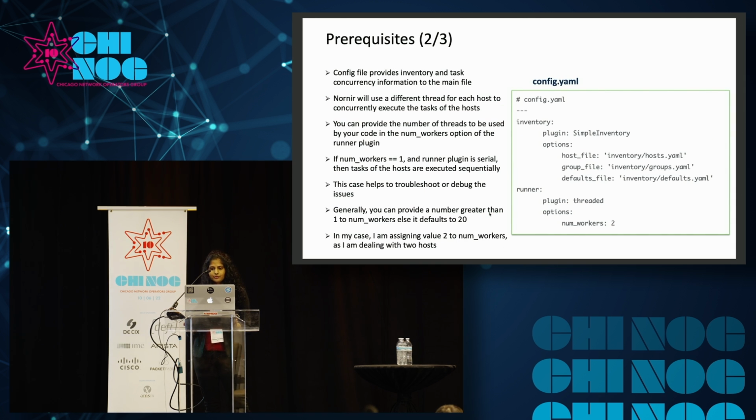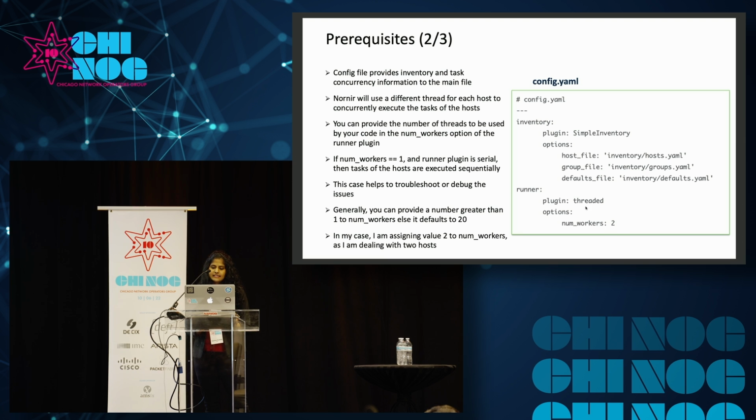Then you have to create a config file. Basically, config files help Nornir know where these inventory files are available, and it also knows how to execute the tasks on these hosts. So here is the runner plugin. If you assign the plugin as threaded, then it is going to use multi-threading to execute tasks on these hosts.